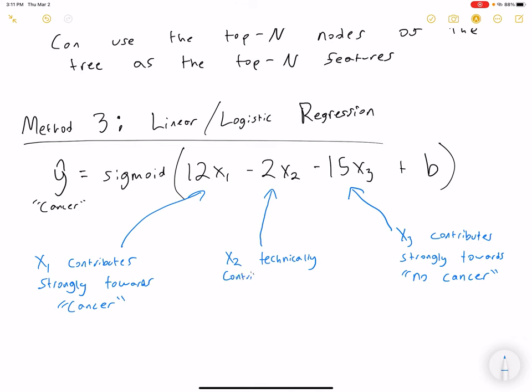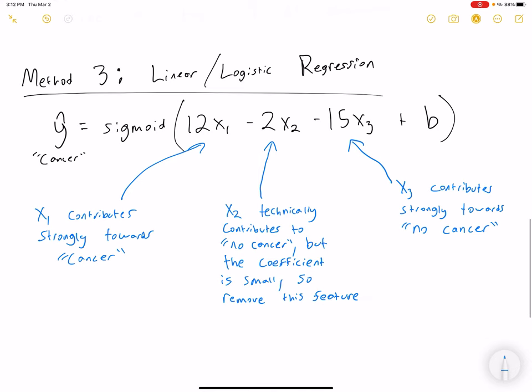That's something people commonly do. They fit a model, they look at the coefficients. If the coefficients are small, that feature isn't contributing strongly towards the outcome.